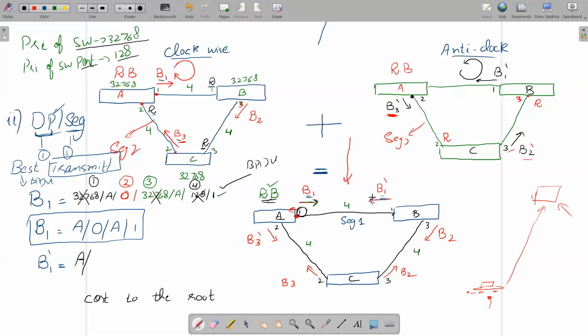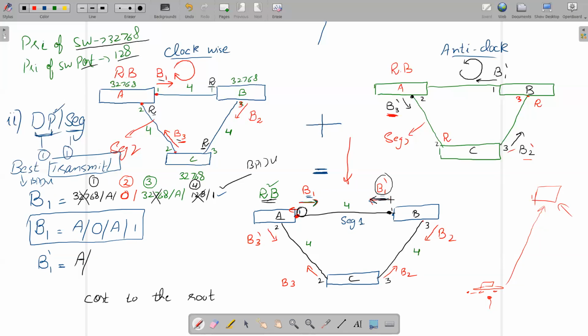Where I'm standing right now, we are talking about B1 dash. Cost to the root means you can see this packet we are transmitting from here. So from where did you receive? If you are transmitting, that means you have received that BPDU from somewhere.